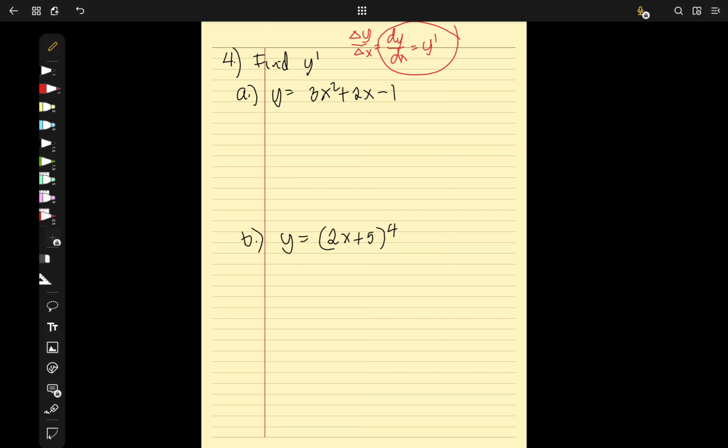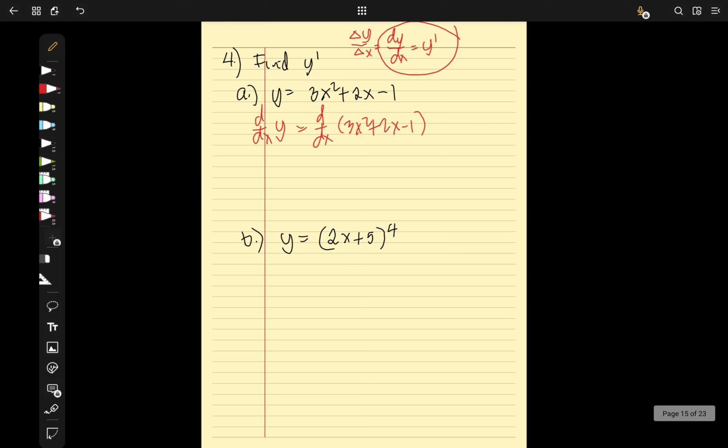So, if you have y is equal to 3x squared plus 2x minus 1, the rule is simple. Get the derivative of both sides. Meaning, sa left side, kuhanin mo yung derivative ng y with respect to x. Then, sa right side, kuhanin mo yung derivative ng 3x squared plus 2x minus 1 with respect to x. Ganun lang siya kasimple.